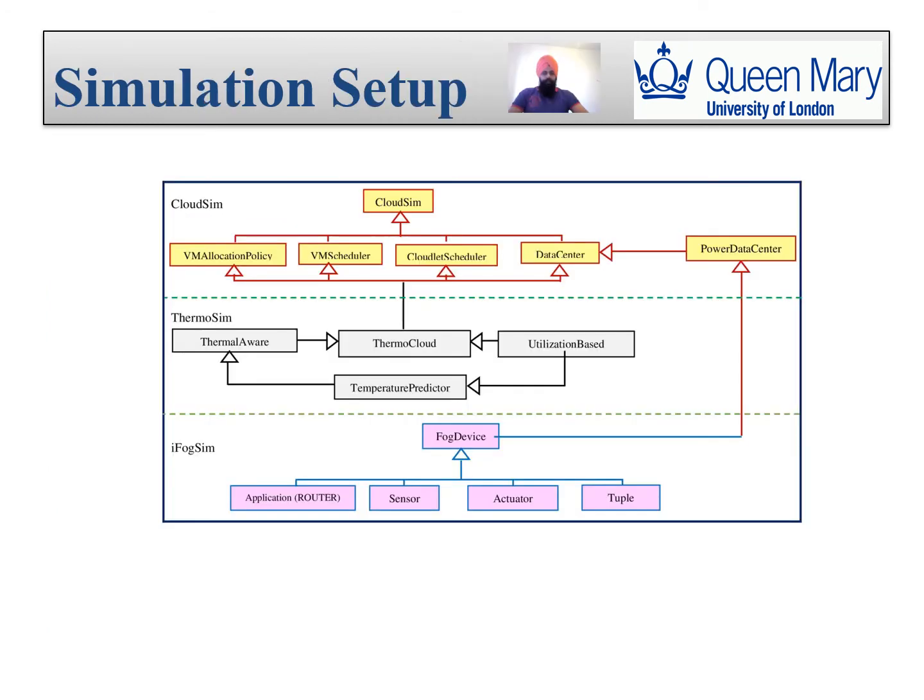This figure shows an integration of CloudSim, ThermoSim and iFogSim. We have used iFogSim and ThermoSim to simulate the fog environment to test the performance of iThermofog, both of which work on top of CloudSim.